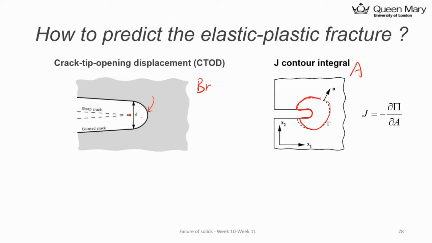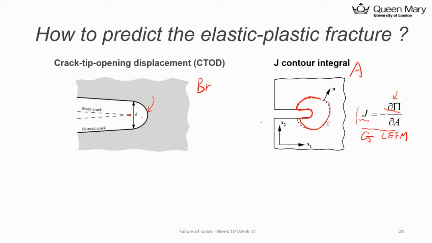By integrating the energy along this contour line, you can get this potential energy, and then using the definition of energy release rate, you can work out the J. The J value is equal to G if it is a linear elastic material, okay? If not, then just use this general equation.